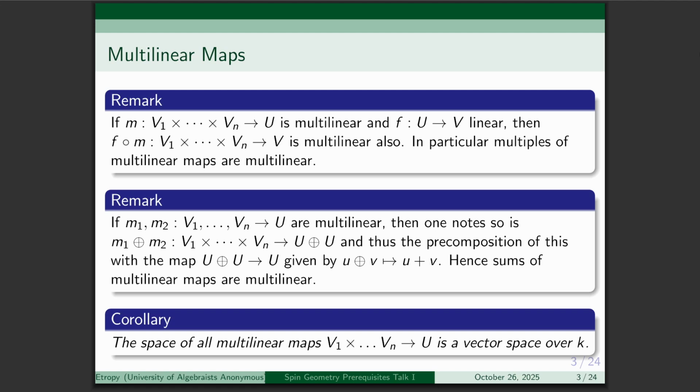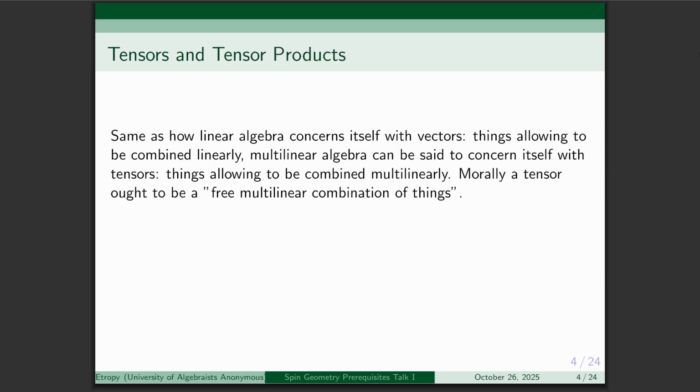This reduces some parts of multilinear algebra to usual linear algebra, and the setting one can try to devise to study multilinear maps in general becomes that of so-called tensors. This is not quite a formal thing that I'm writing here, but intuitively, we wish to capture this notion of multilinearity in some sort of object that we can work with multilinearly.